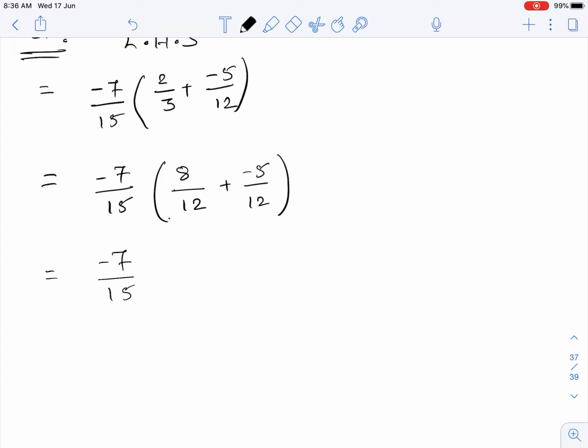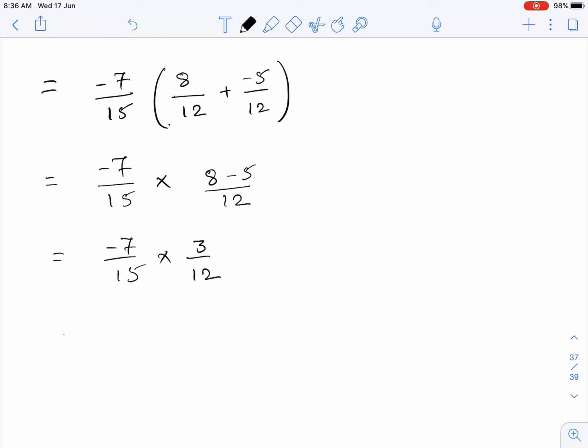Inside the bracket both of them have the same denominator, so we can write the numerators together. So it will become 8 plus minus 5 upon 12, that equals minus 7 upon 15 into, now 8 minus 5, that is 3 upon 12.